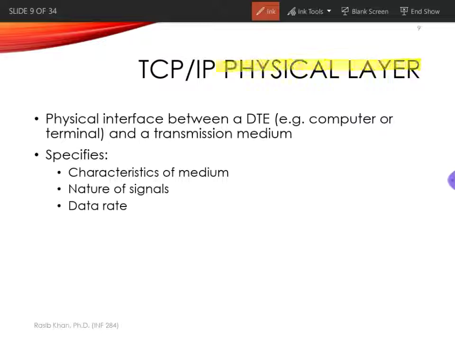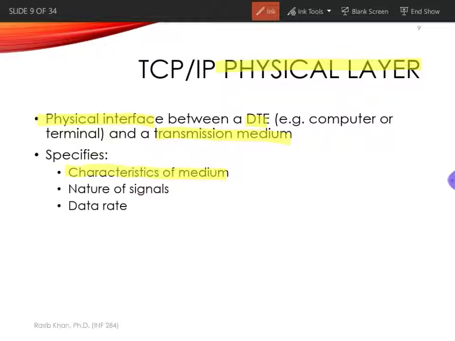So the physical layer, which is the lowest layer, defines the specific physical interface between terminals on the internet. In short, we can call them DTE. It defines the transmission medium. The specifications that we obtain with the protocols in the physical layer may include the characteristics of the medium.